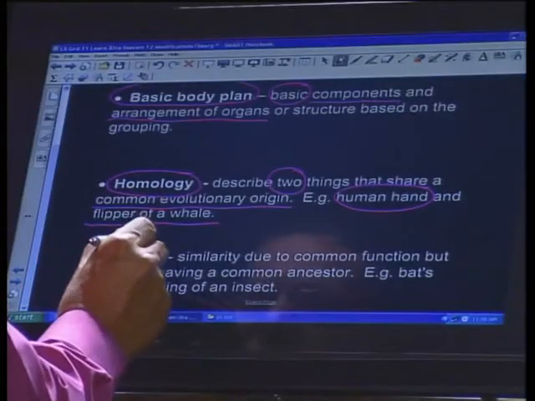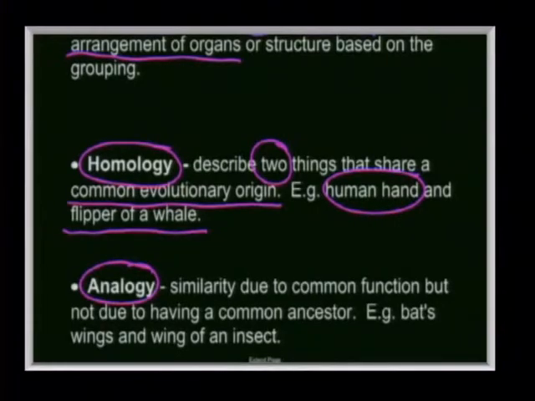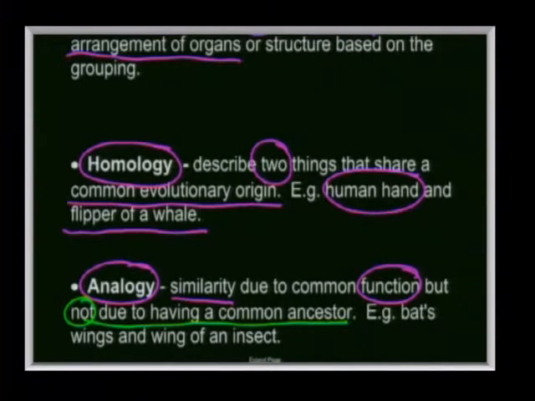Let's move on to the next term. The next one is analogy. And here you can see there are similarities in its functioning. But even more important than that is the fact that you must realize they do not have a common ancestor. And that's the big difference between homology and analogy. So as an example, the wings of a bat versus the wings of an insect.